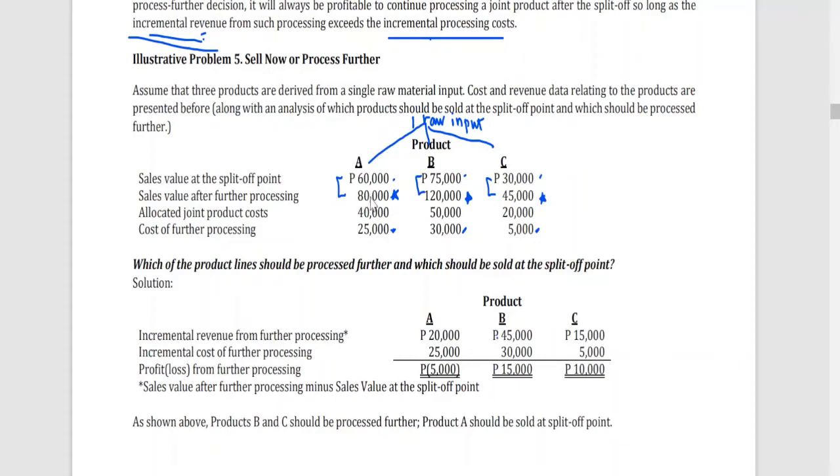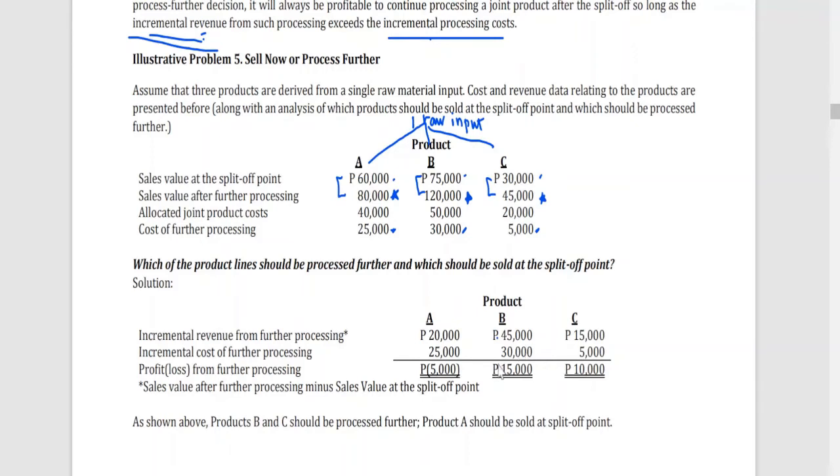Para ma-achieve ang 80,000 nga revenue or ma-achieve ning additional revenue nga 20,000, you need to spend. Okay? So you have 25,000 to spend for A, for B that's 30,000, for C 5,000. Ang net benefit or net pod nga loss kung i-process further would be as follows. For A, negative 5,000, B 15,000, then C 10,000.